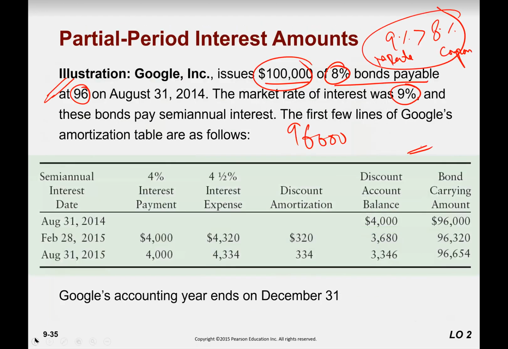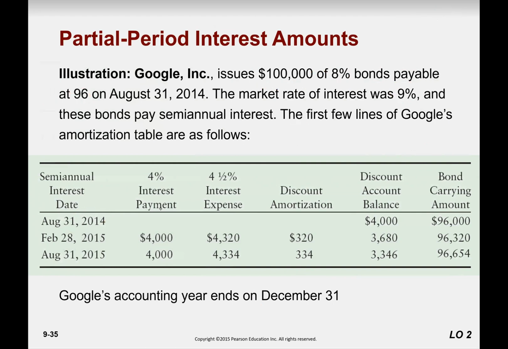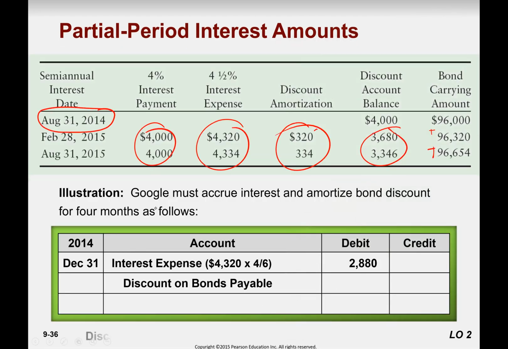Their accounting year ends at 31st of December. So this is semi-annual: September, October, November, and December, right? So it means 4 months of interest is accrued within the period of 2014. So that's why this is the period 4/6, not 6/12. Right, guys?